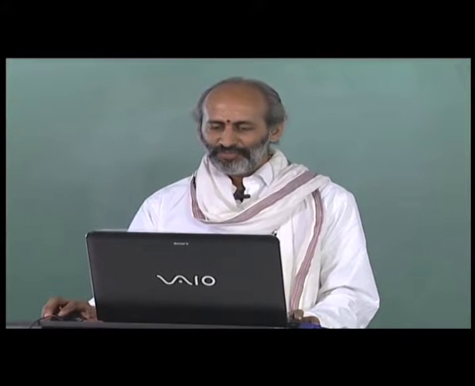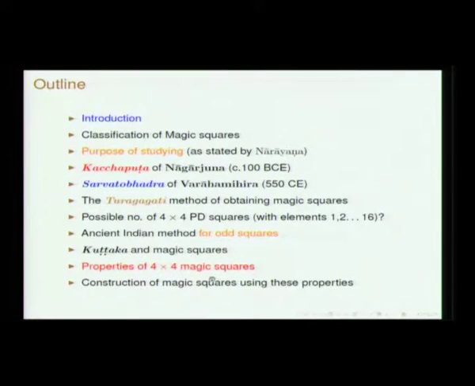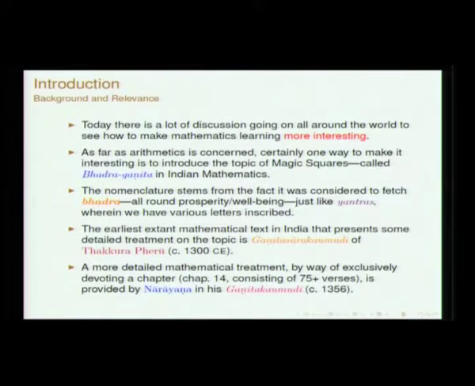That is 384, we will see how it is, and we will also discuss the ancient Indian method of constructing odd squares. Then the relation between Kuttaka and magic squares, then we will see some of the properties of 4 by 4 magic squares, and then we will see how from these properties one can construct magic squares elegantly. So, this is how we will progress.